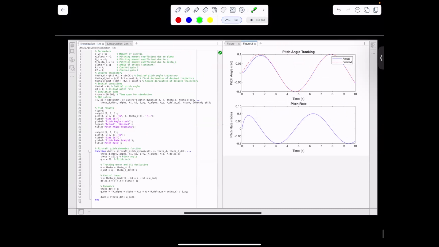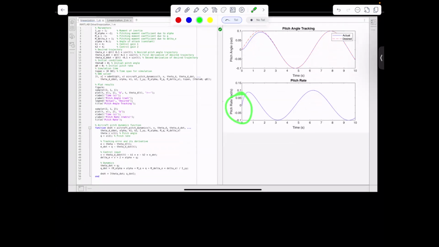If you notice, this system is controlled using the designed control. The actual values, which is the blue line, are tracked to the desired value of the pitch angle, and this is the pitch rate. So this is how we can simulate our nonlinear system using the proposed control design using the feedback linearization concept.